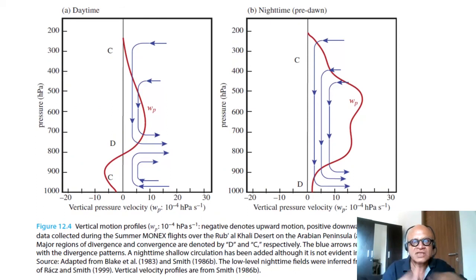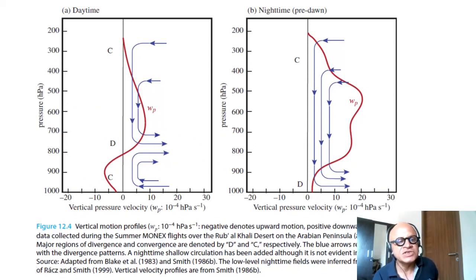So the heat is going to be advected away, and the temperature range on a diurnal time scale over the desert can be very large. So nighttime cooling can produce significant diurnal cycles. So here the WP looks very different. So you have sinking motion all the way down.